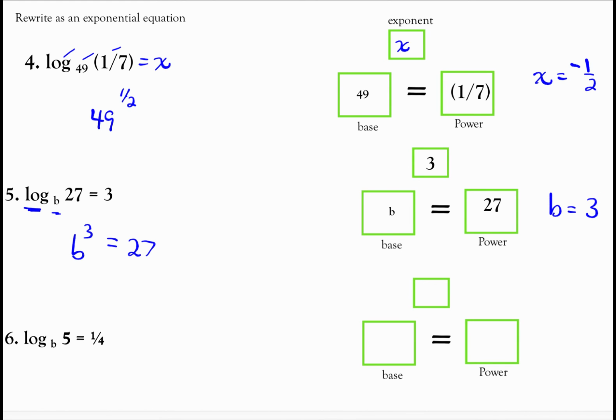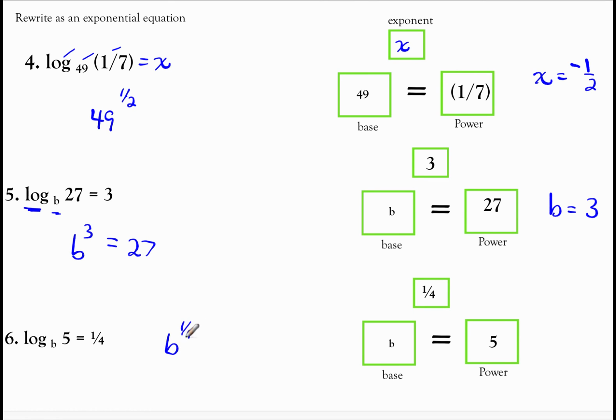We've got another one where the base is unknown. Here's my base. 1/4 is my exponent, because that's the answer. Exponent is 1/4. And my answer is 5. So this is asking me, what is the exponent of b? Well, it's 1/4.